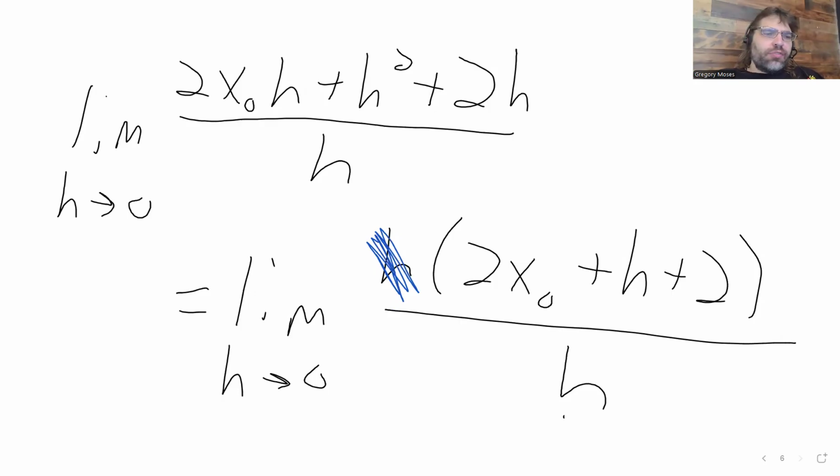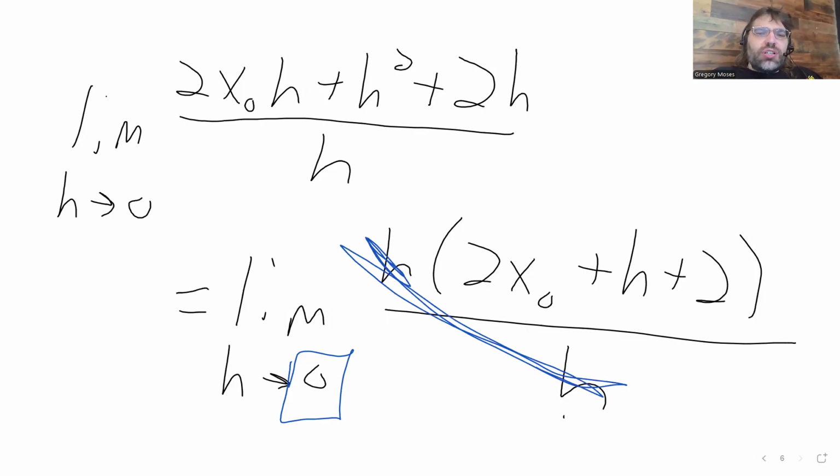Now, remember our goal is to get rid of the h in the denominator. If we didn't have an h in the denominator, we could just use continuity and plug 0 right in. So our goal from the start was to get rid of that h in the denominator, and now you see we can cancel and accomplish that goal.